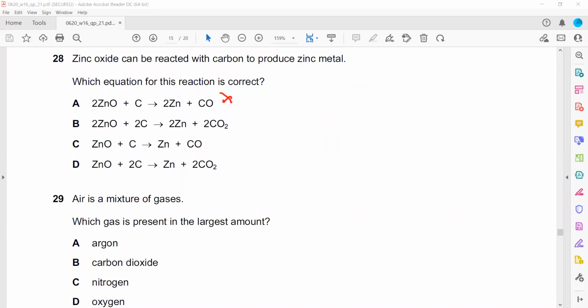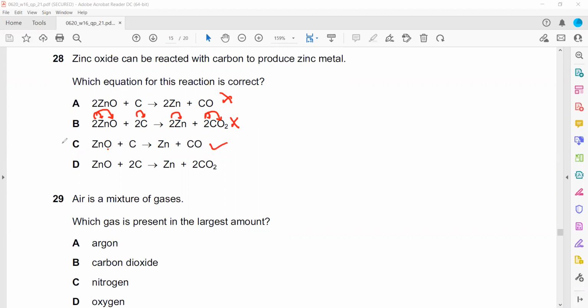So it must be a balanced equation. When you check this, 2 zinc, 2 oxygen and 2 carbon. Here 2 zinc, 2 carbon, but how many oxygen are there? 2 multiplied by 2, 4. So that's why it is wrong. When we check this, left hand side, one zinc, right hand side, one zinc, one oxygen, one carbon.